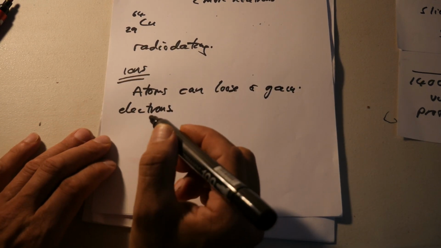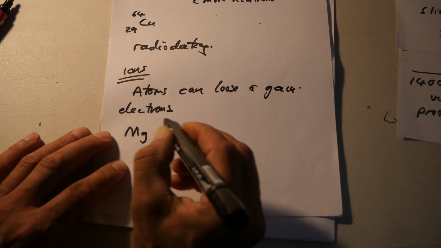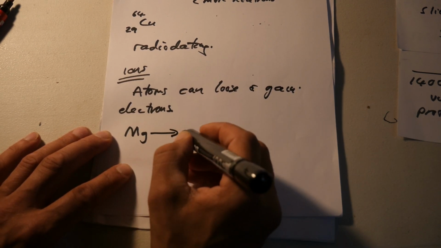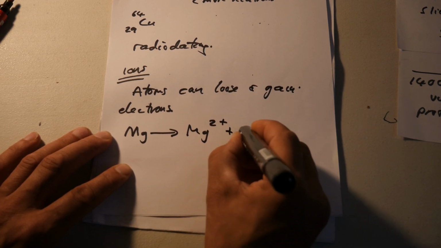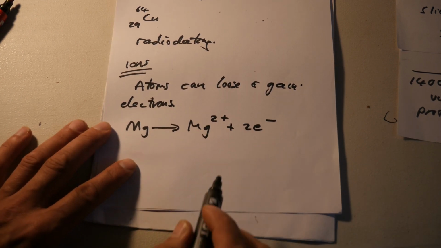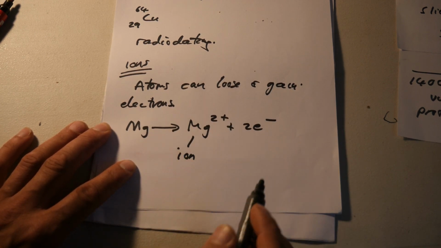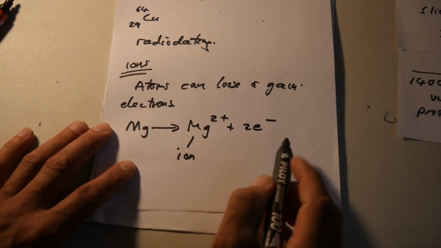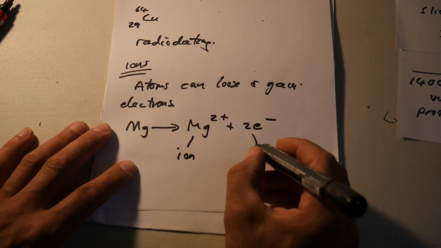So an ion is formed if you have a magnesium atom and you... okay, this is an ion, okay, magnesium 2 plus. This means it's lost, okay, so these are 2 electrons that have been lost.